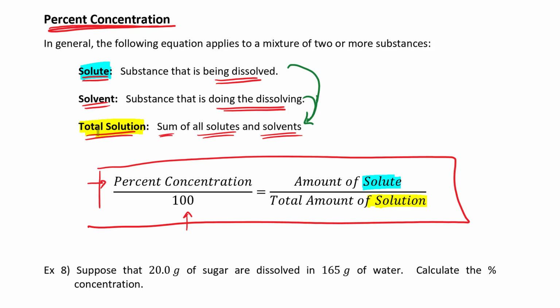Notice, solvent is not in the denominator. That is a common mistake students make. They put solute over solvent. No, this total solution is solute plus your solvent. That's a very important fact. And if a student is going to make a mistake, it's going to be because they wrote solvent on the bottom, not total solution. Let's look at some examples.